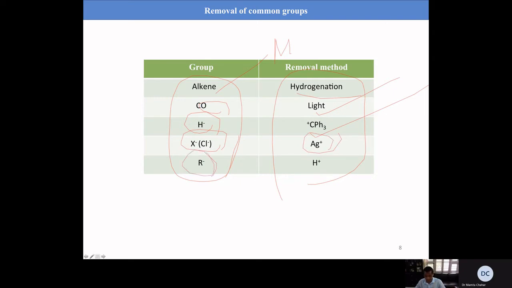If you have an alkyl group, let's say an M-R group in an organometallic complex, you want to get rid of this R group, you can use H+ or proton. So M-R goes to M if you are using the protonation technique. Of course, you have to choose the right condition, right solvent, right protonating source, but technically it is possible to go from ligand-metal-R complex to ligand-metal complex by protonating it.